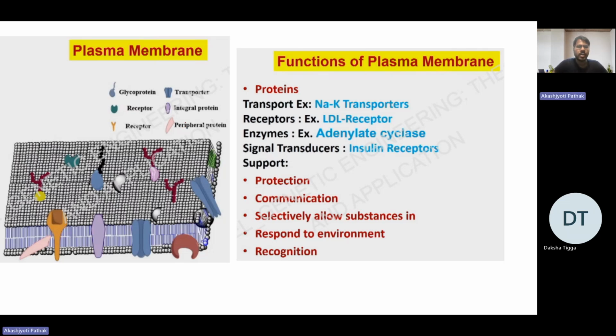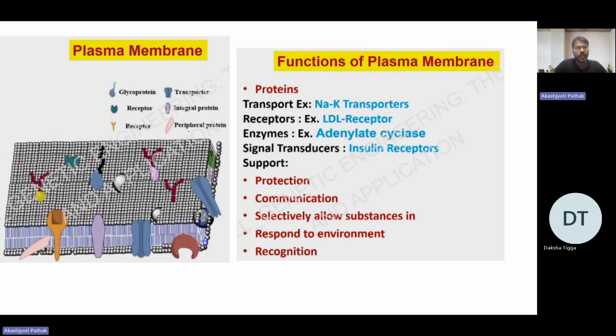Other than that, the plasma membrane is involved in several functions, and these functions are conferred by the several kinds of proteins present on its surface. They have receptors which allow the plasma membrane to recognize different substrates, or channel proteins which allow molecules to enter the cell.